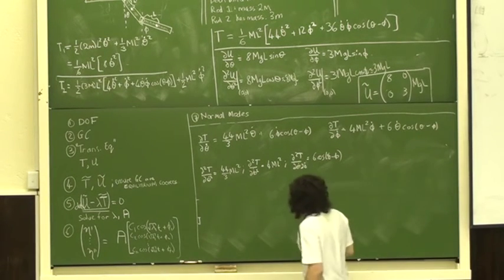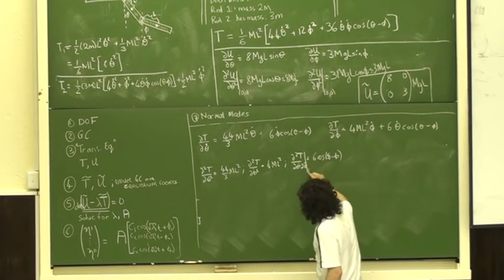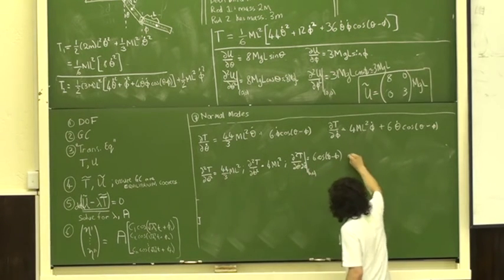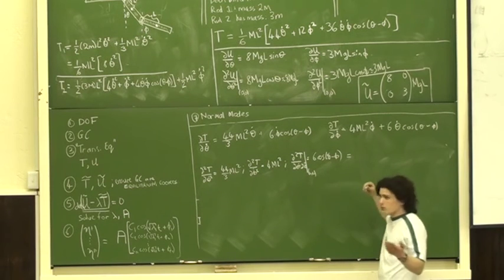So for the Hessian matrix, of course, again, we evaluate at 0, 0, the equilibrium point. And cos of 0 is 1.